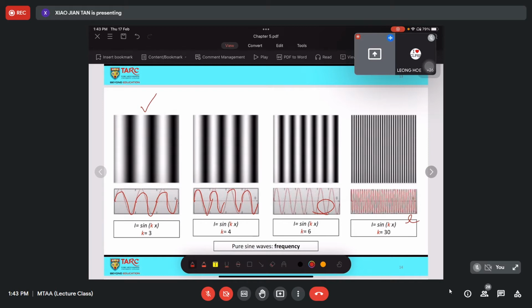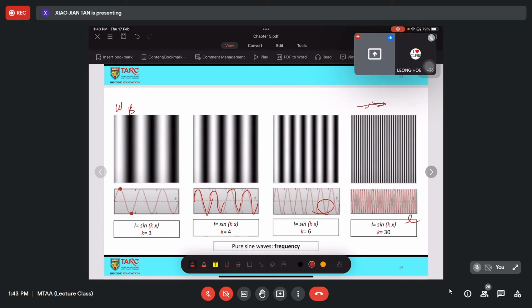The frequency. So when you look into the image, when K is at the peak, you will have white color. When your K is at the bottom, you will have black color. So this is why you have this black and white strip. When you have more and more frequency, you will find that the strip is increasing as well.